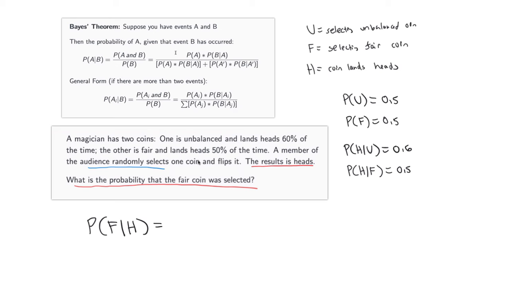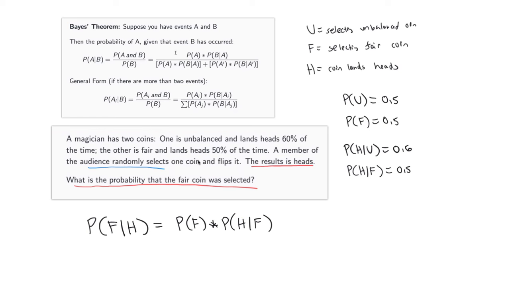So as I said before, always use this numerator for these problems. So we're looking at the probability of F times the probability of heads given F. Okay. Now, you should be breathing easy here because we have the probability of F. It's right here. We have the probability of heads given F. It's right here, right?